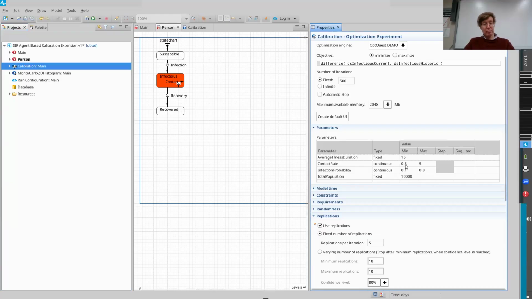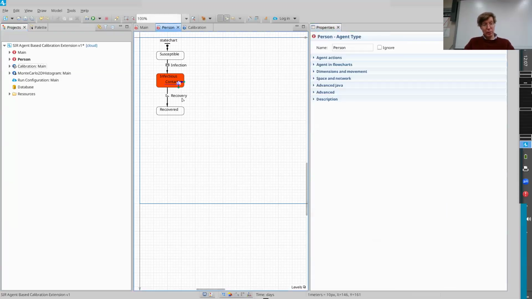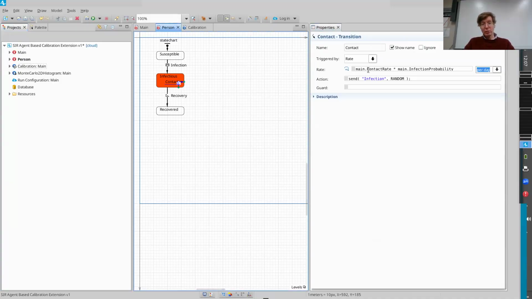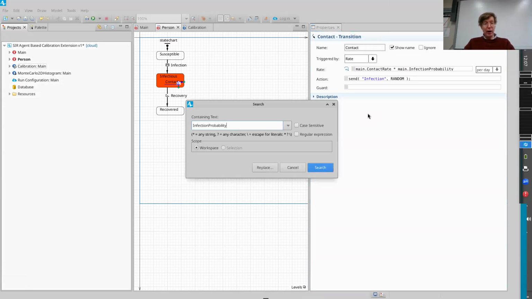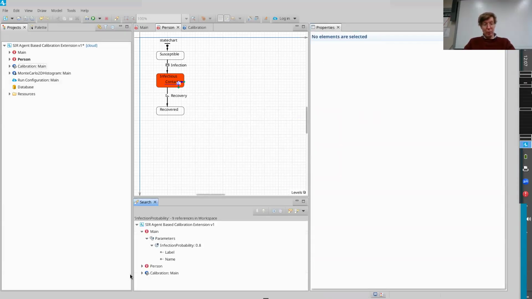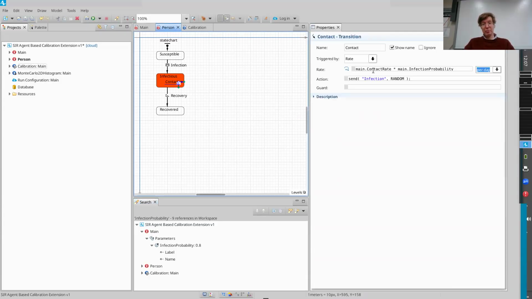Let's go see where they factor into the model. Well, they factor in here. This rate is the product of the two. So if you're going to be varying them, it doesn't make a lot of sense to vary both of them. Really, you will find that they are used at exactly and only this place.